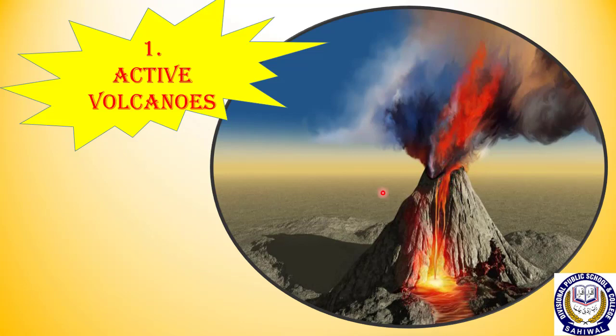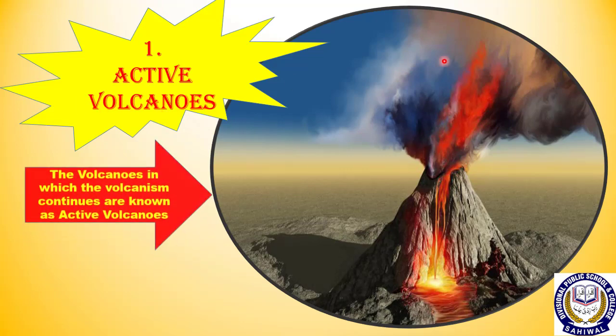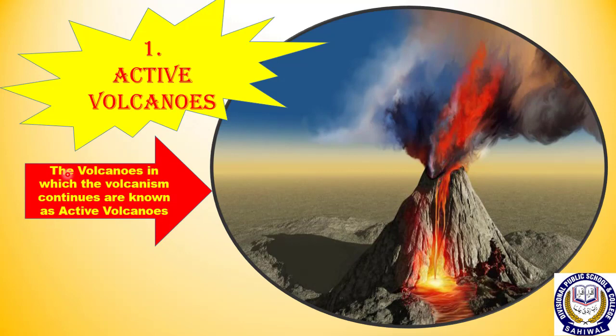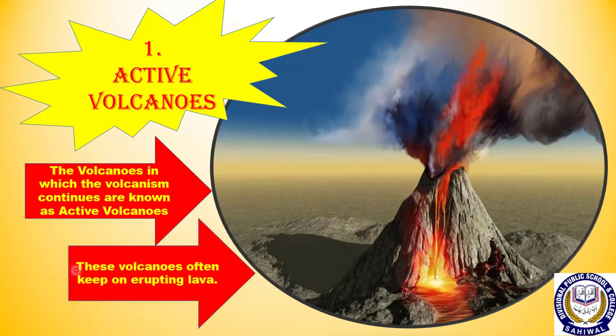So this is called active volcanoes. The volcanoes in which the volcanism continues are known as active volcanoes. These volcanoes often keep on erupting lava, as shown over here.